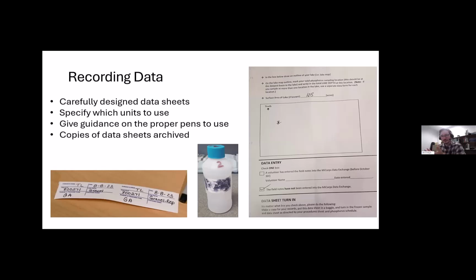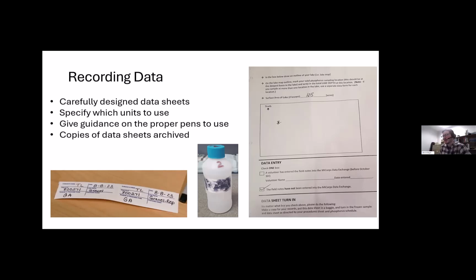This is another location for error to occur. And so, for example, if you look at this bottle right here, you can see this is a label that looks like it's a little hard to tell what lake this is from, when, and this is a problem where an incorrect pen was used that the water just leached off.